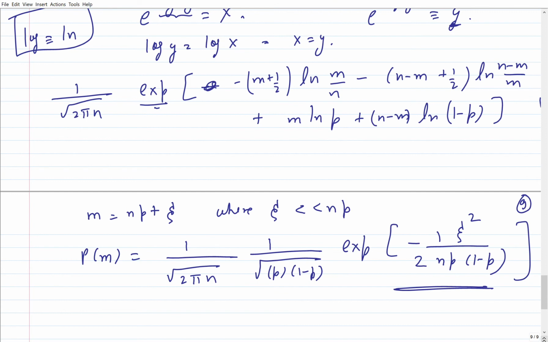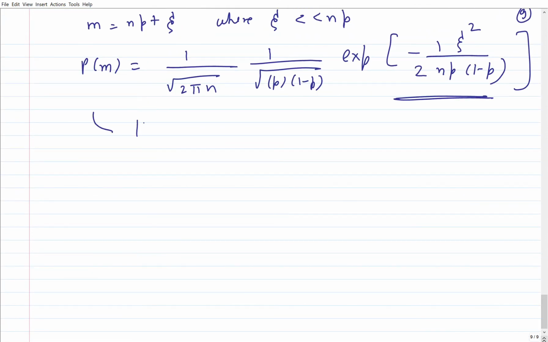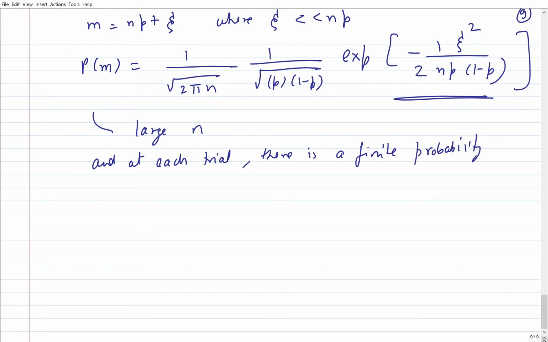So there is this way of treating these independent coin tosses or something like that in the limit of large number of tosses, where in each trial there is a finite probability of success. So I should say this limit is large number of trials, and at each trial there is a finite probability of success.